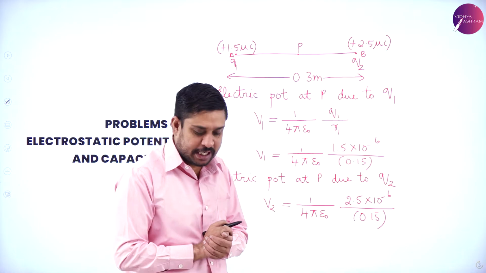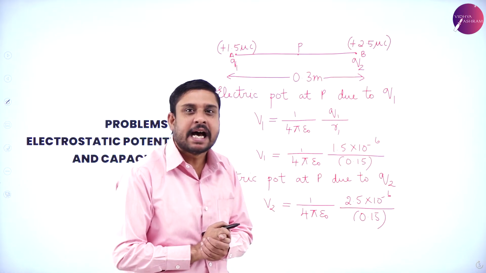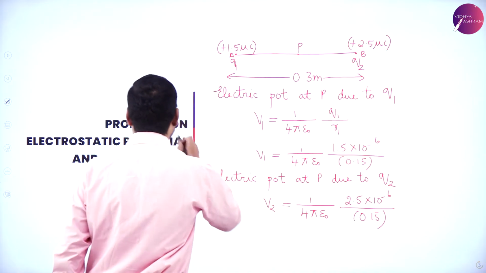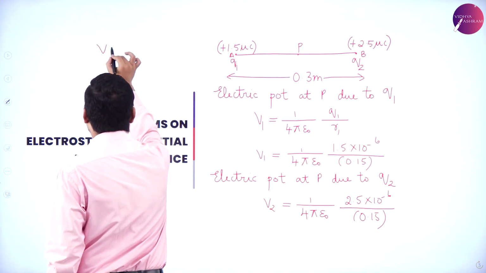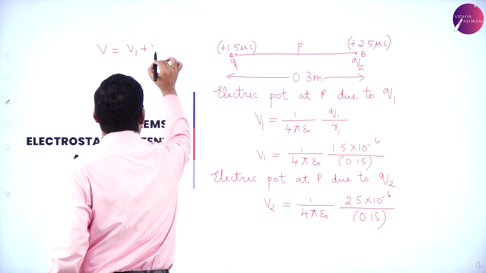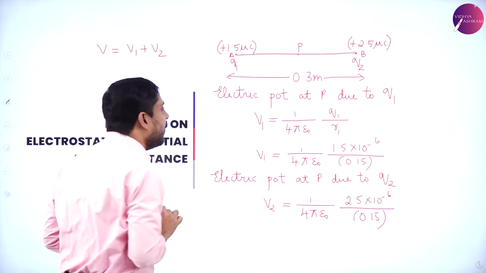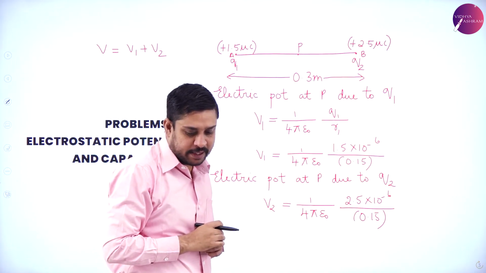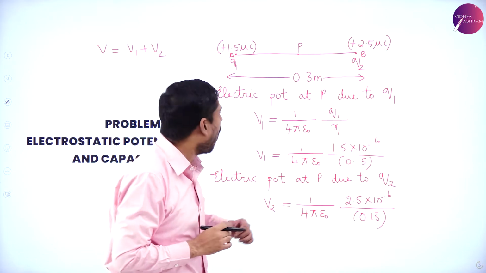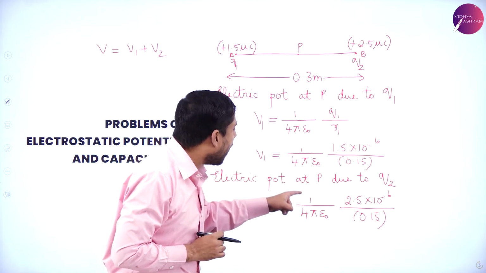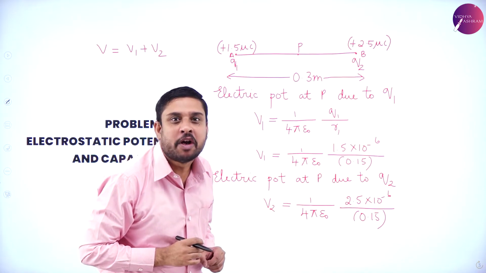Now we know that electric potential is a scalar, which means V is equal to V1 plus V2. On substitution, what is the value of 1 by 4 pi epsilon naught?